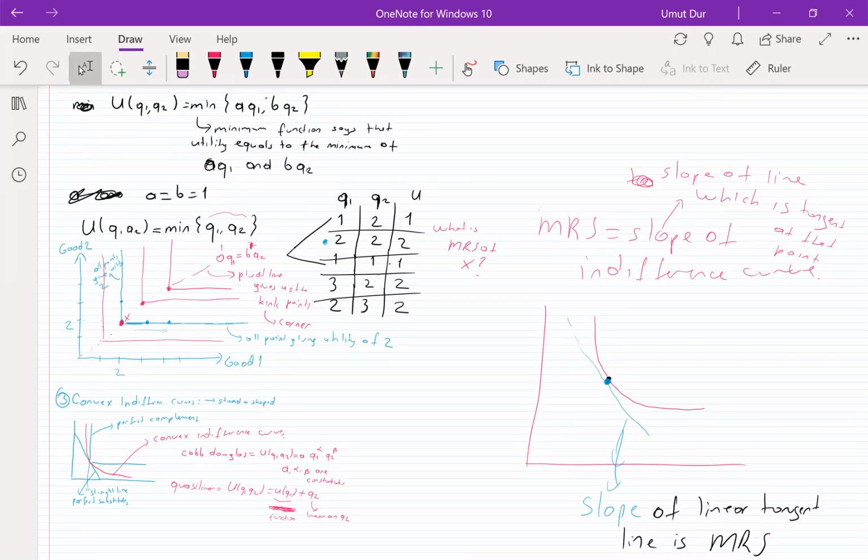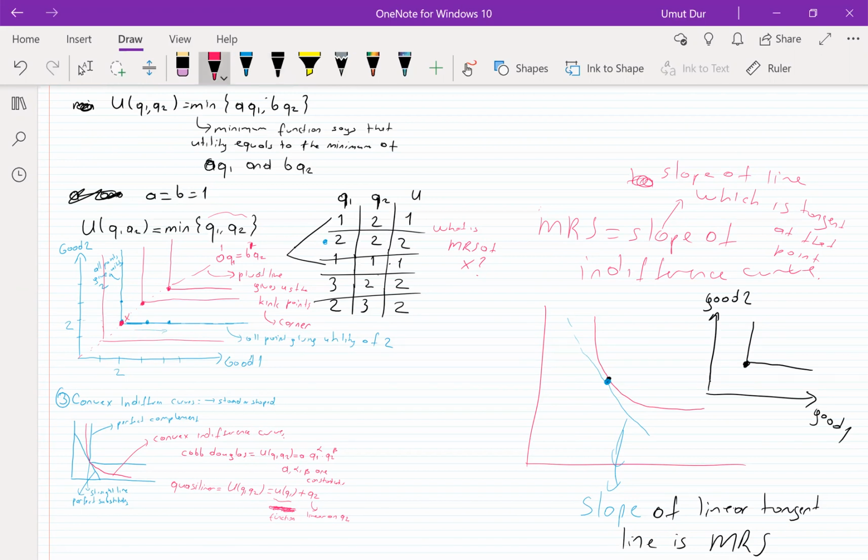So I have just repeated the definition. Now let's consider this right angle indifference curve. I am looking for the slope at that point. This is good one, this is good two.